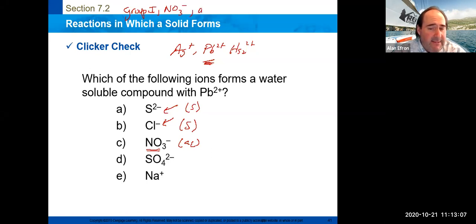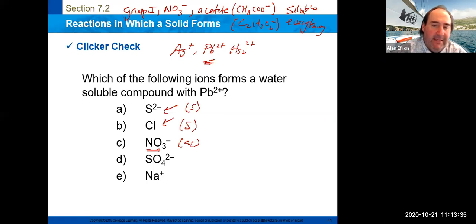Also, by the way, you could add acetate to that list, which is CH3COO minus or C2H3O2. These are pretty much soluble in everything. So again, if you see those, you have a pretty good shot at it being aqueous.